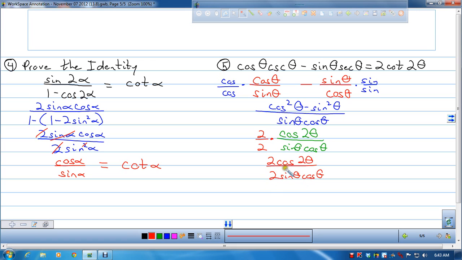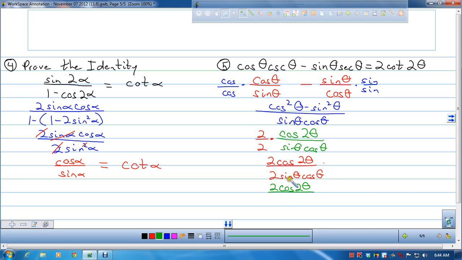I recognize that 2 times sine cosine is the double angle formula for sine.